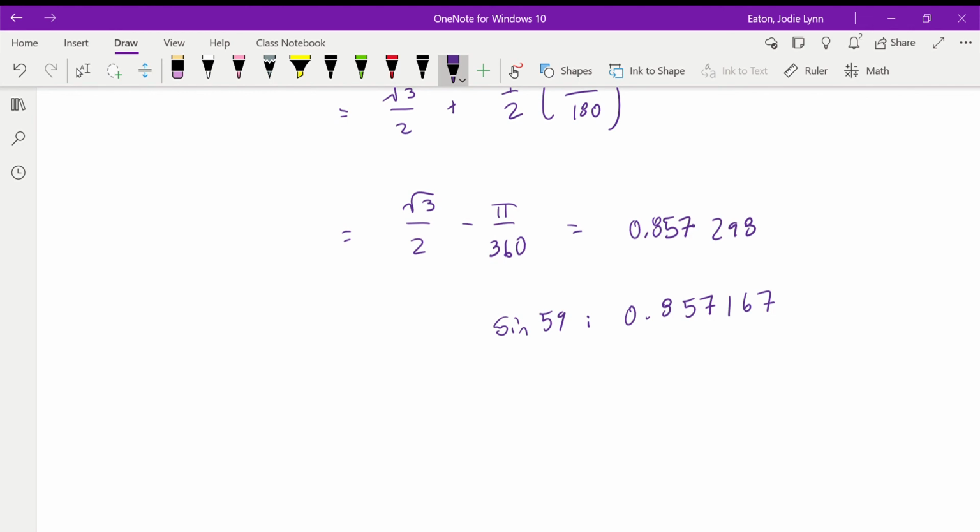So again, pretty impressive for just a linearization. Notice though that this linearization technique is really effective when we're looking at the difference between sine 59 and sine 60. It would not be as accurate if we were trying to find, say, sine of 29 degrees. We'd want to use a different angle that we knew in order to be able to do that kind of approximation.